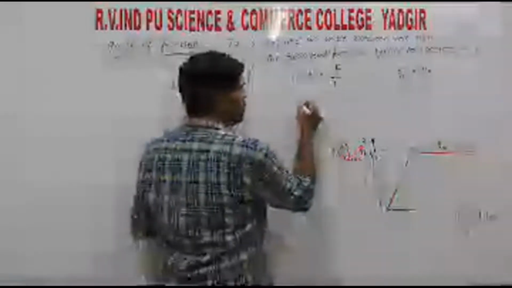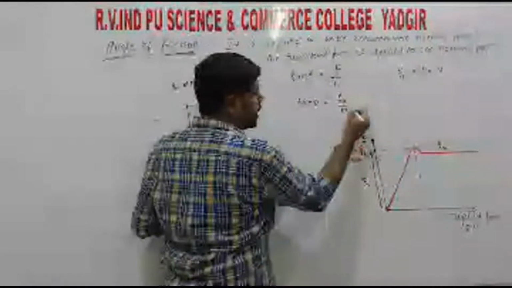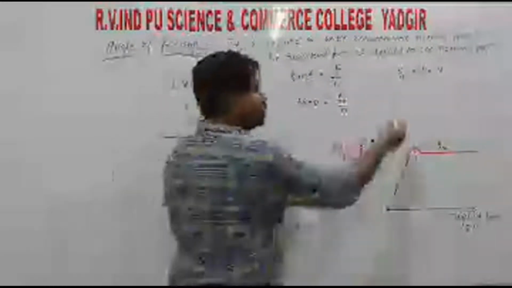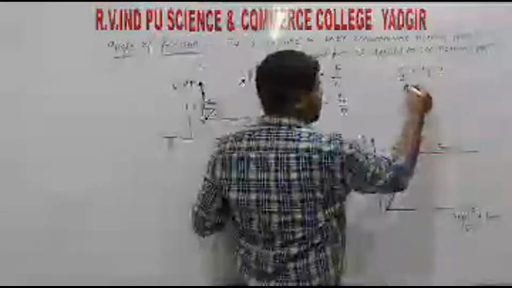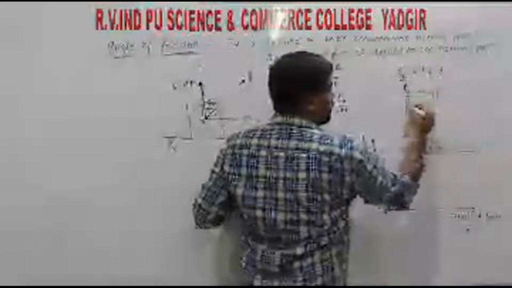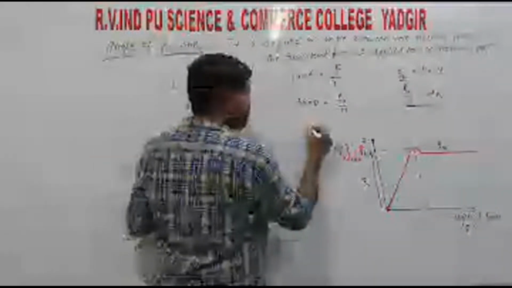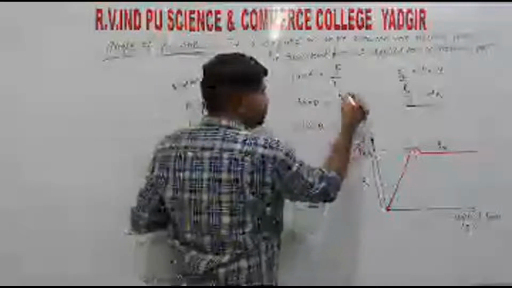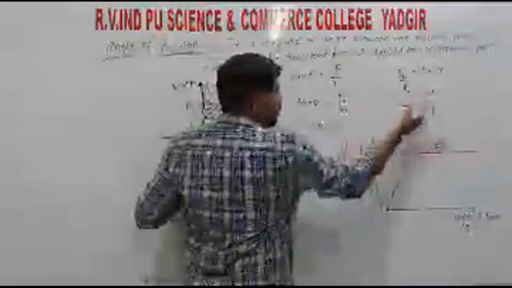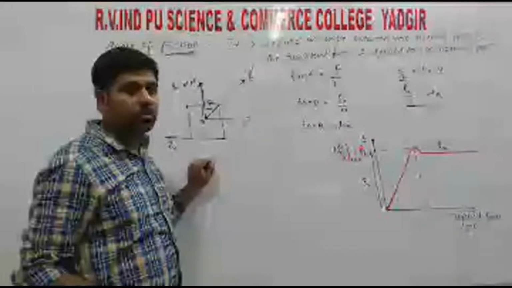So tan theta is equal to Fk divided by N, right? Fk by N is equal to mu k, so we can write tan theta is equal to mu k, right?